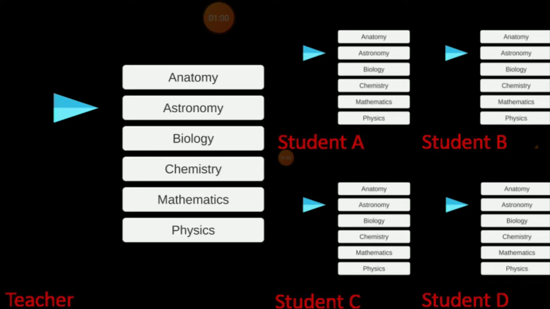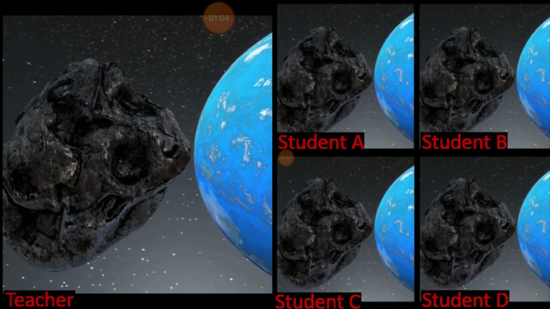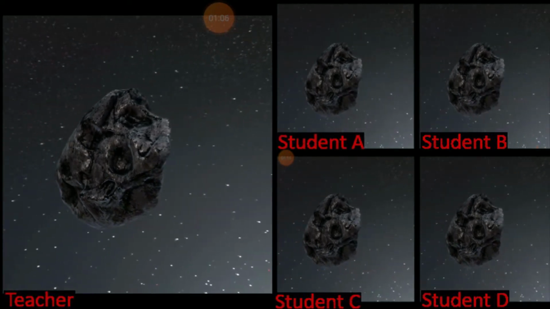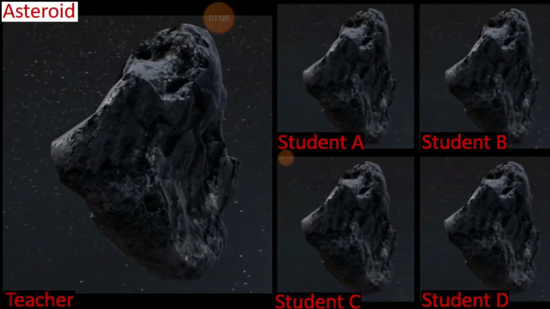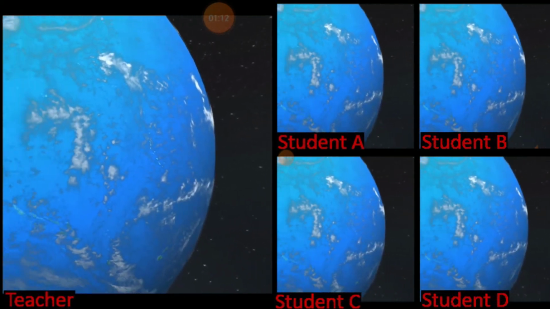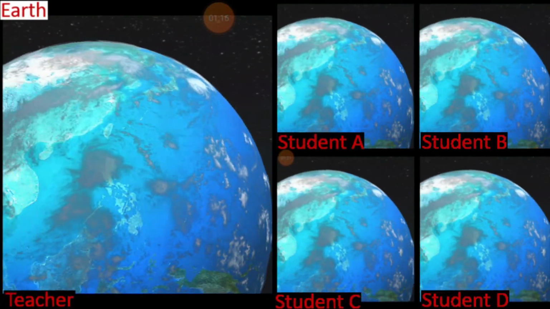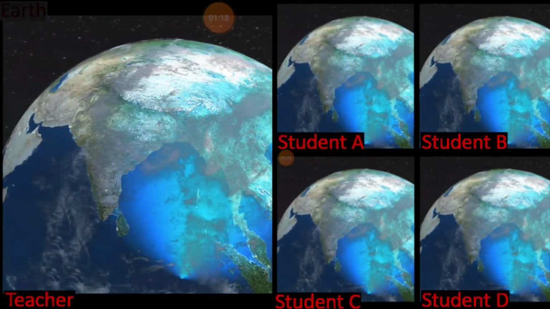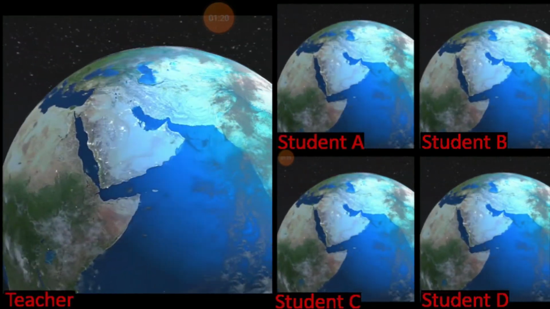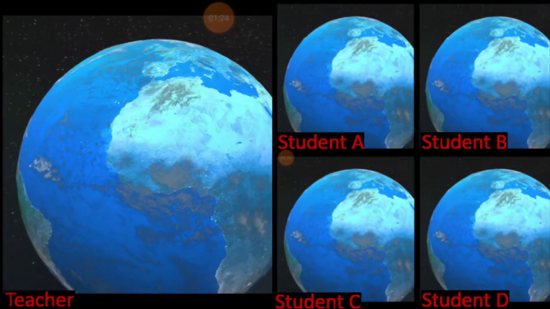Okay, now let's go to the astronomy screen, and here we can see the Earth with an asteroid with a nice backdrop of stars. So once again, we're moving the camera to rotate around the objects. Here we get a nice 360-degree view of the Earth.